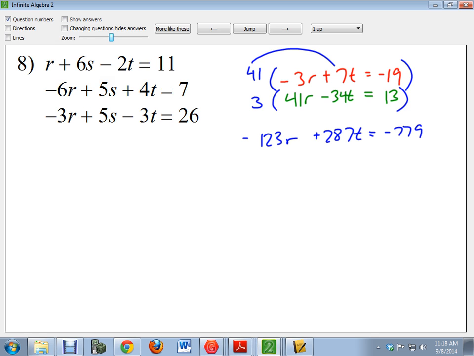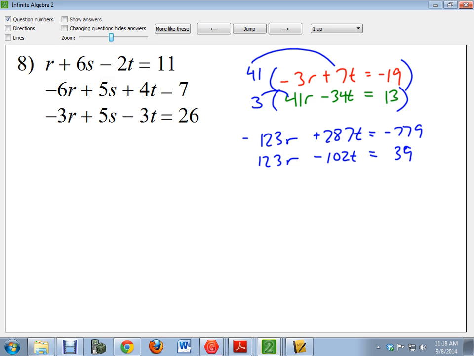On the bottom one, 3 times 41 is going to be a positive 123r. 3 times 34 is 102, negative 102, I apologize, negative 102t is equal to, and 3 times 13 is 39.